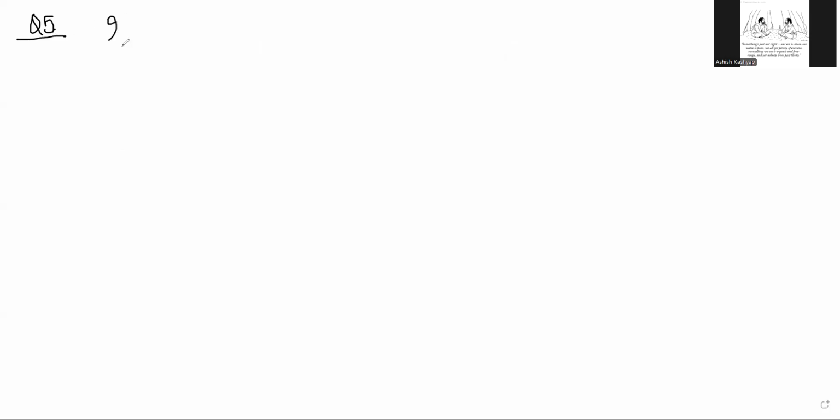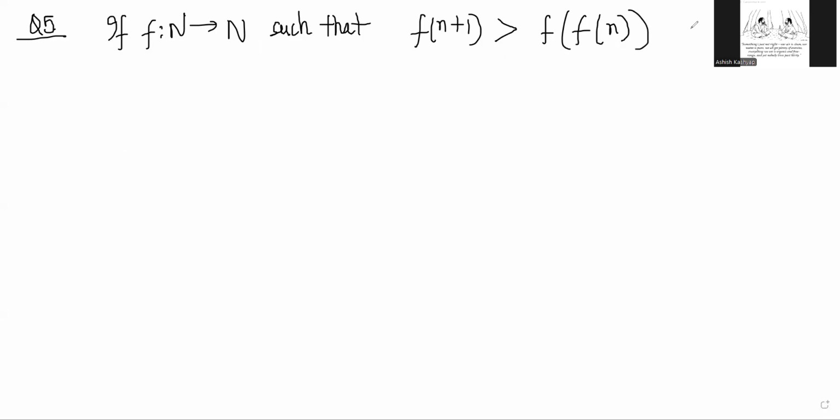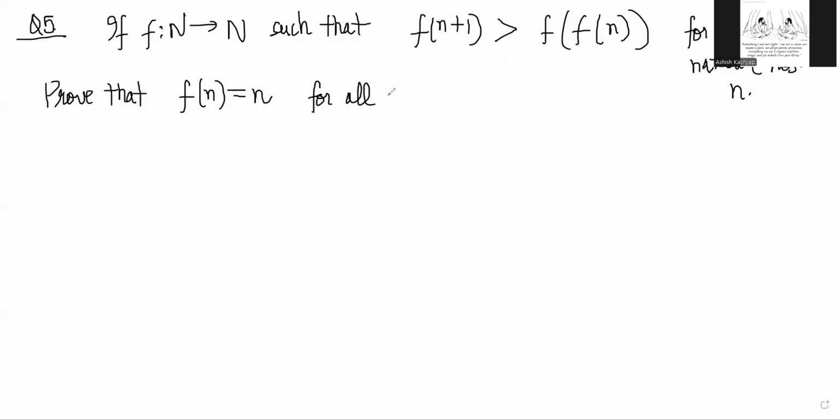And this question says, if f: N to N is such that f(n+1) is always greater than f(n) for all natural numbers n, we have to prove that f(n) is equal to n for all n belonging to natural numbers, right? This is a problem from IMO 1977. So an old IMO problem.